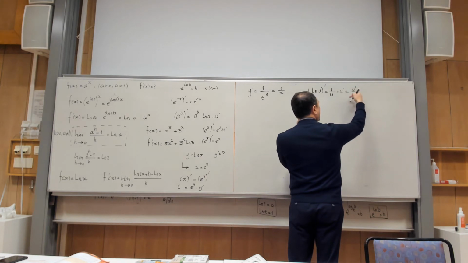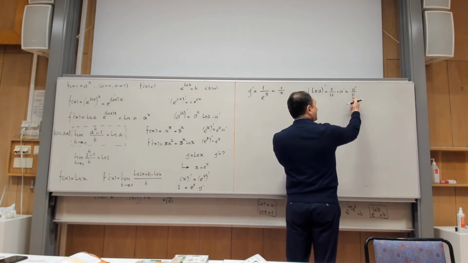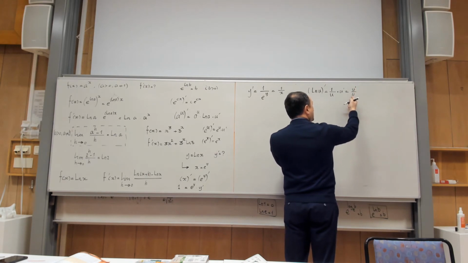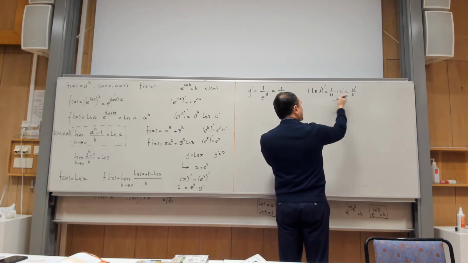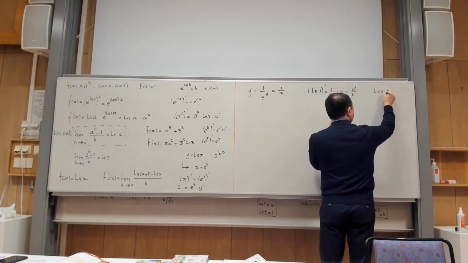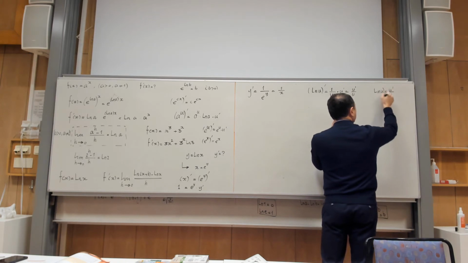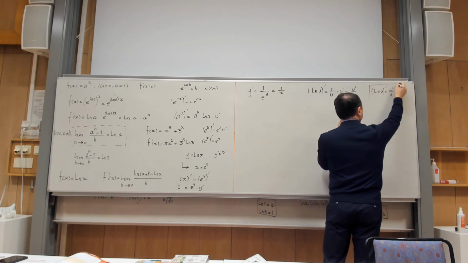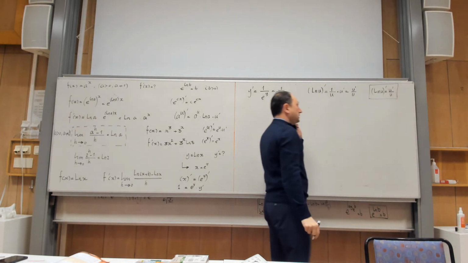So that is a good combination to remember. If you have a fraction whose numerator is the derivative of its denominator, you need to remember that this is the rule for the derivative of ln of u. So let me write it separately. That's a good combination to remember.